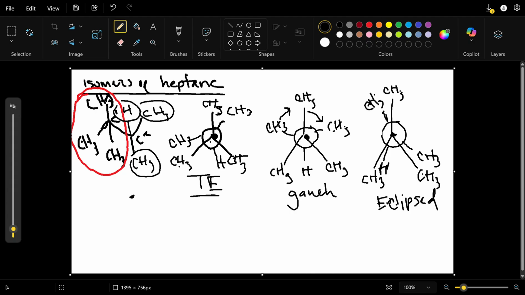Okay, so next will be anti, and the reason why anti will be next is because you'll have the two methyl groups far apart. The furthest they can possibly be apart would be, I believe, 180 degrees.